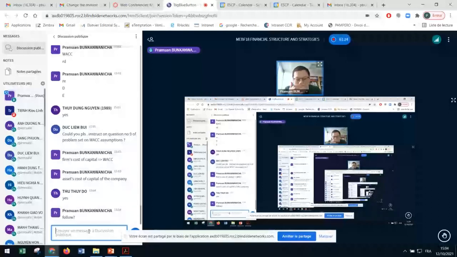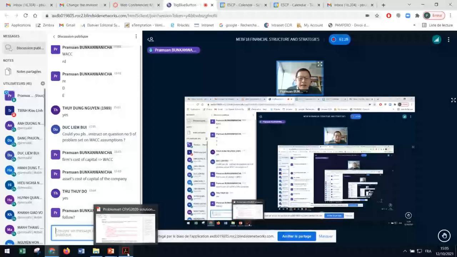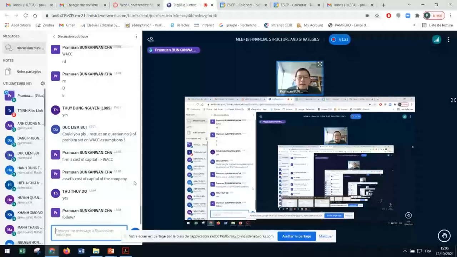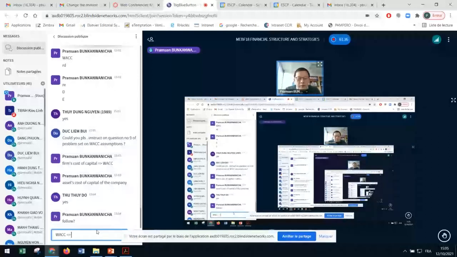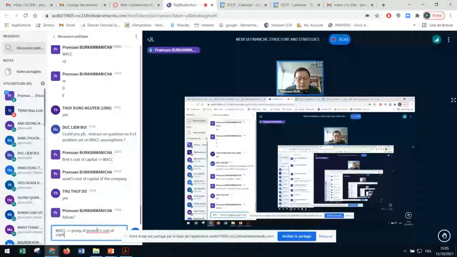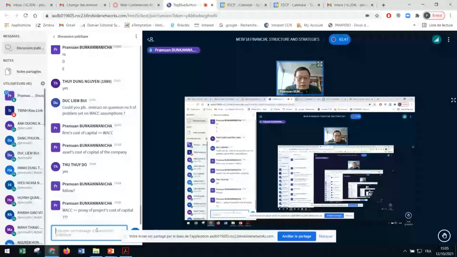The question that we ask here is, what if you want to use the WACC as a proxy of the project's cost of capital? This is very tricky because many people use it automatically, and it can be completely wrong conceptually.